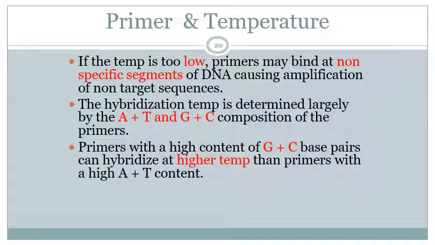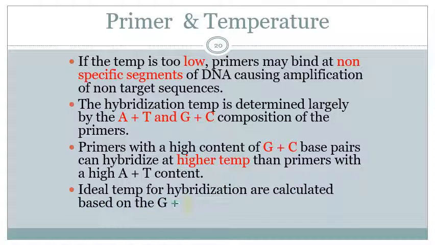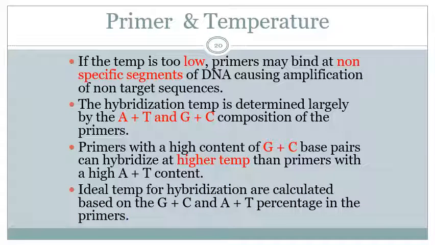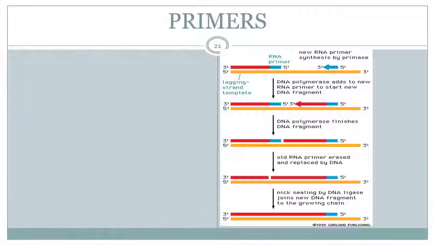If primers contain a high percentage of G plus C, we should have a high temperature for the primers to bind with the DNA template. The ideal temperature for hybridization is calculated on the G plus C and A plus T percentage.